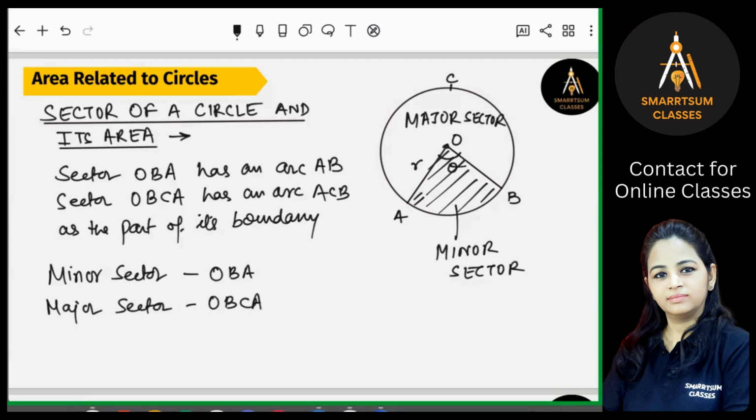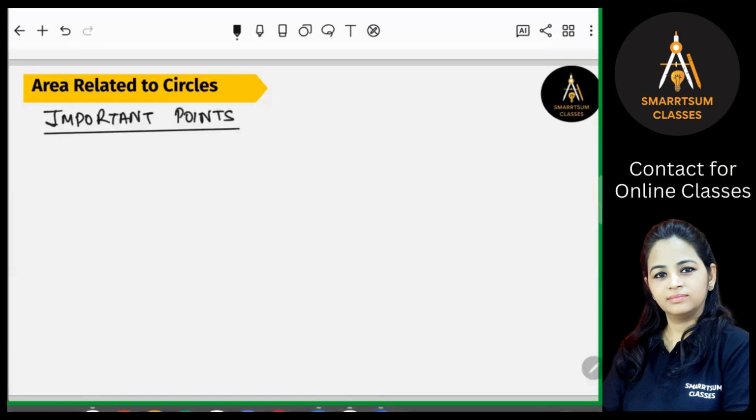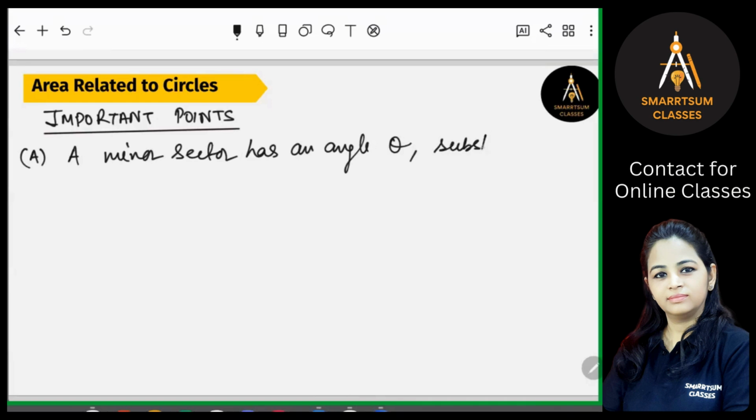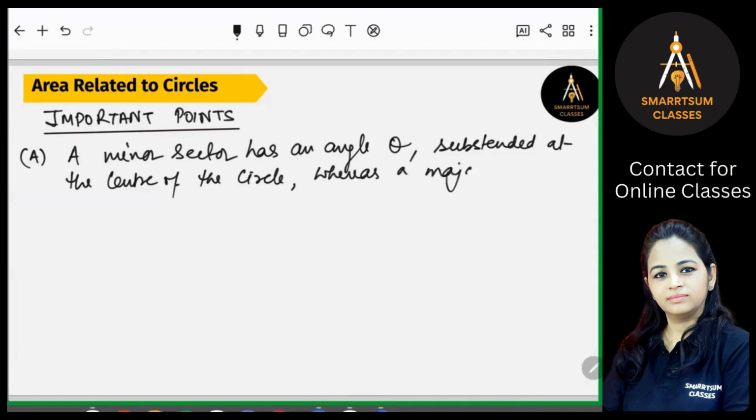Now, there are certain important points which we need to remember here. Please write down: a minor sector has an angle theta subtended at the center of the circle, whereas a major sector has no angle.